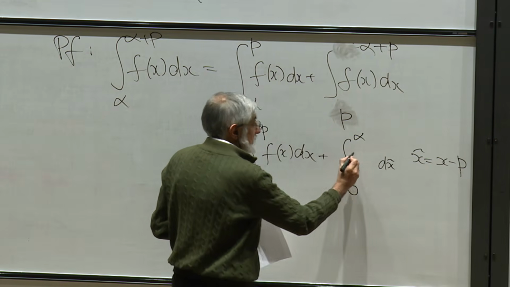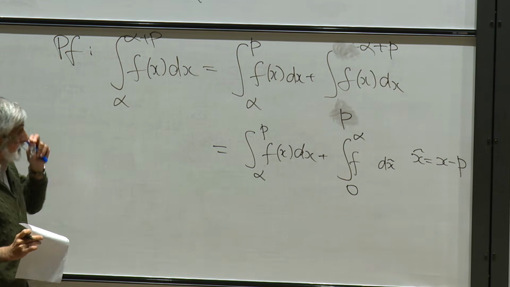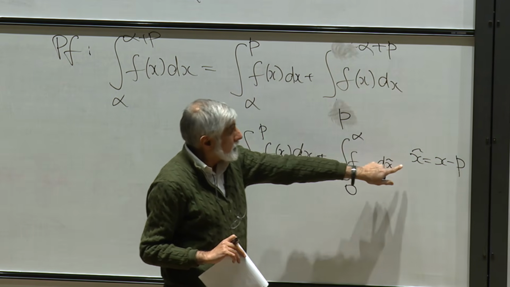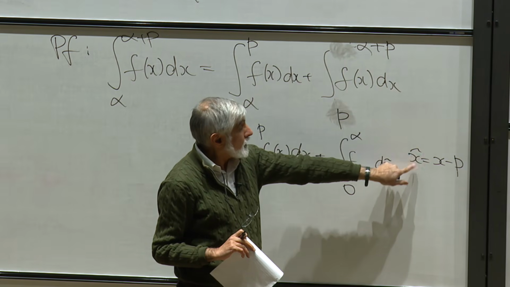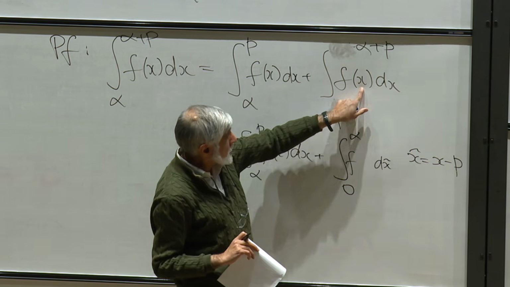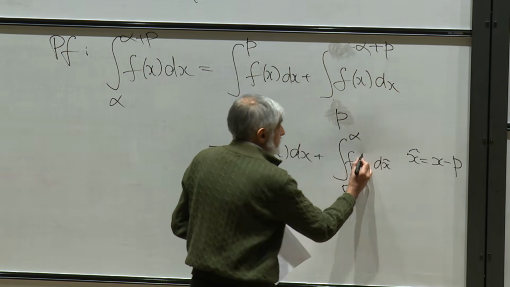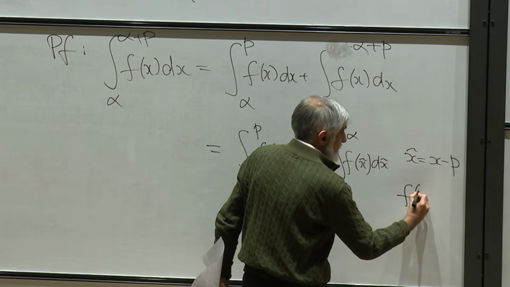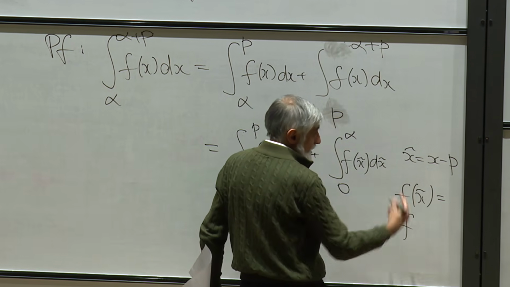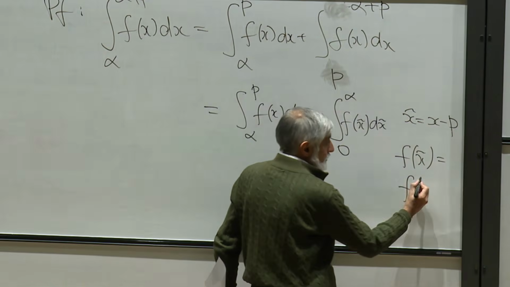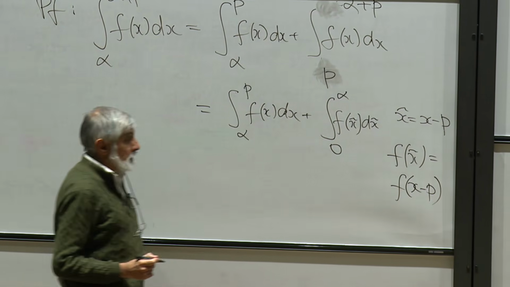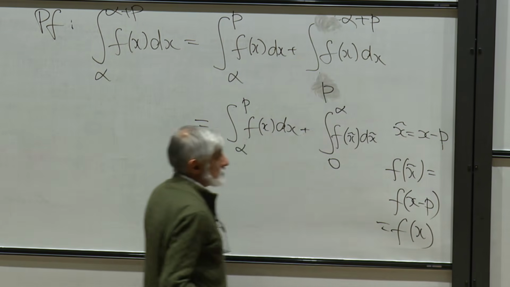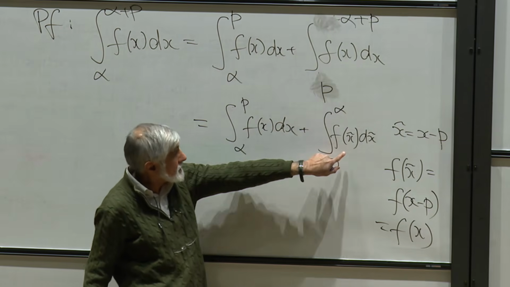And what about f? f of x is also f of x hat, simply because f of x hat, by definition of x hat, is that. But f is periodic with period p, so that's that. So f of x is that.